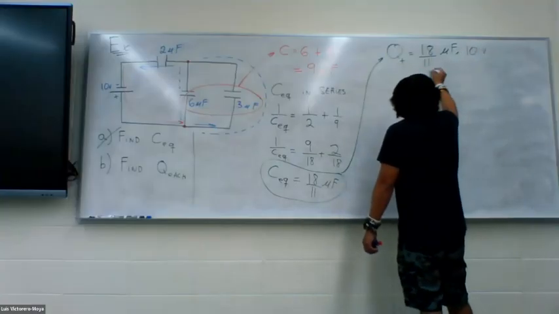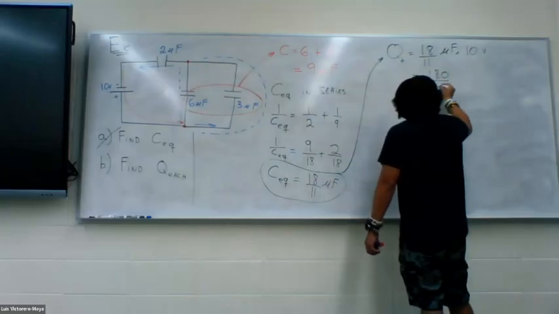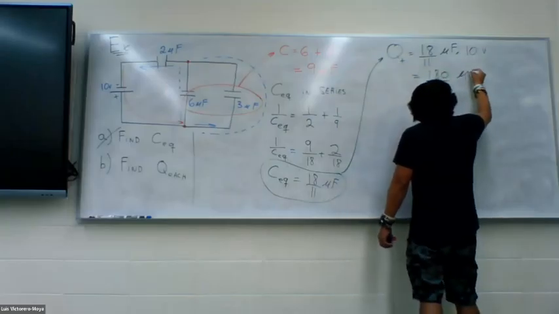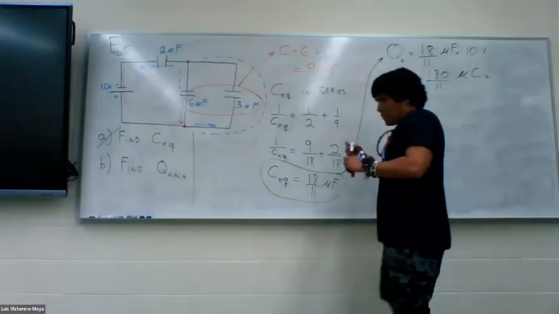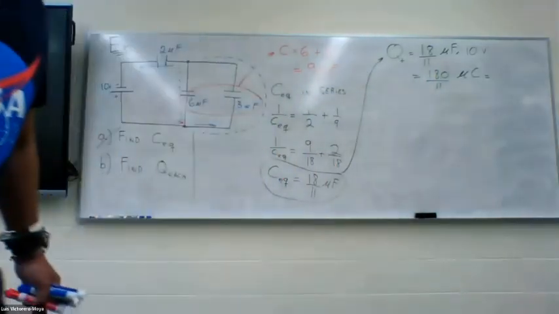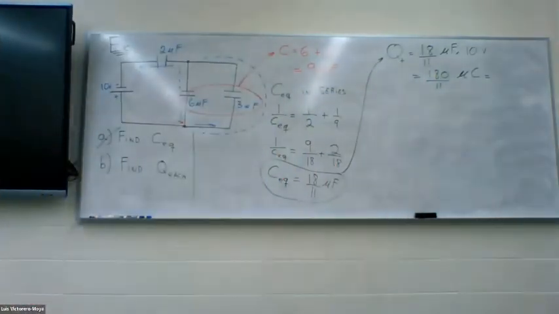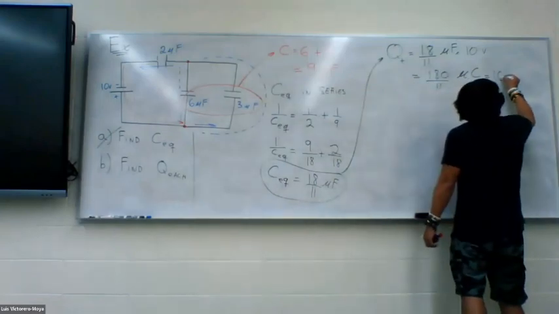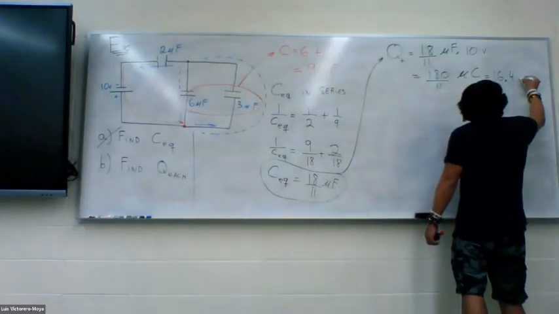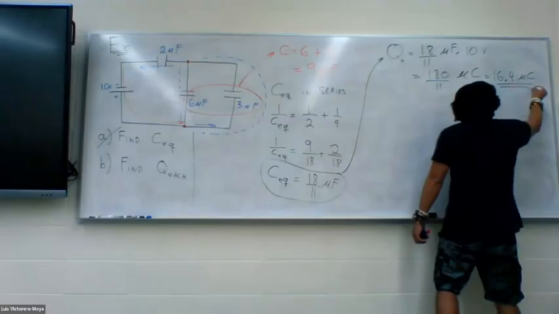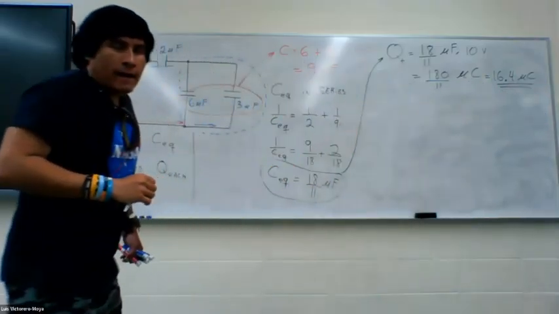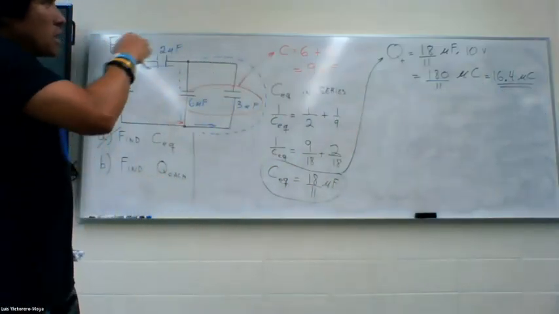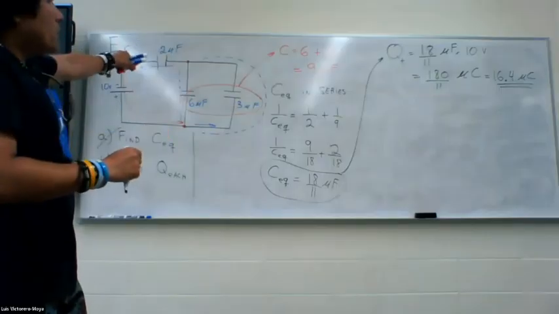And that will be 180 over 11 microcoulombs. Okay, let's approximate there. That should be around 15, 16. 16.4 microcoulombs. So that's my charge. That's the charge on the circuit.